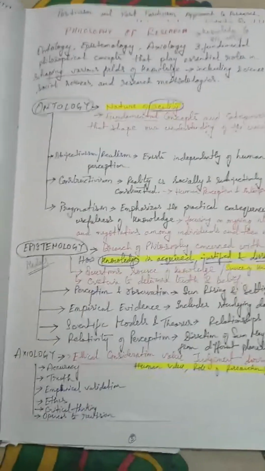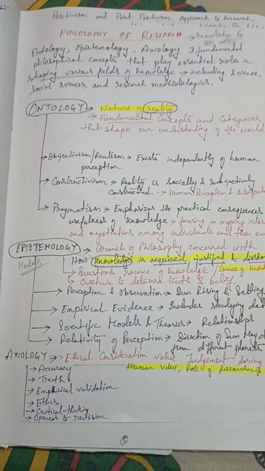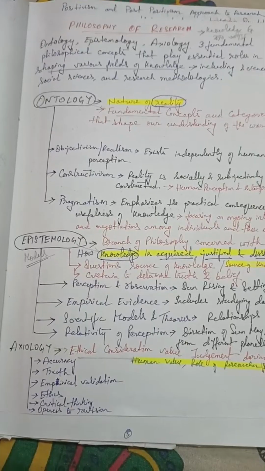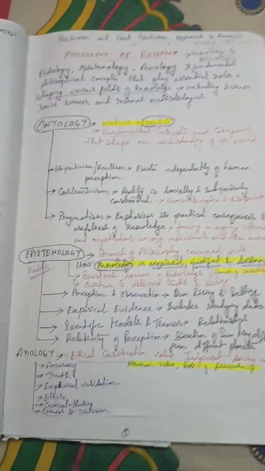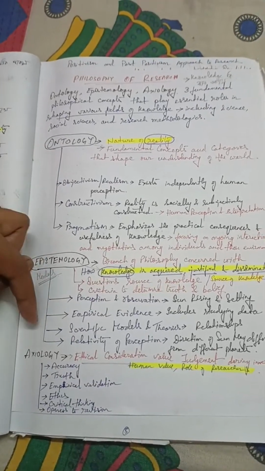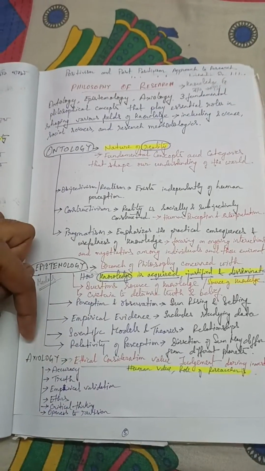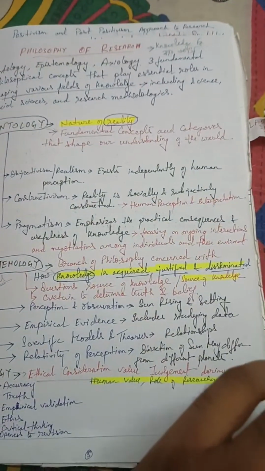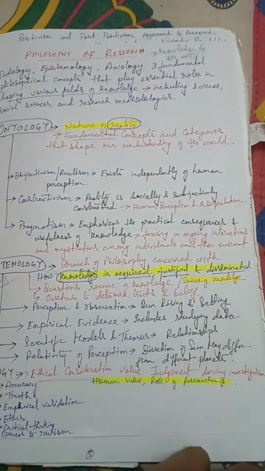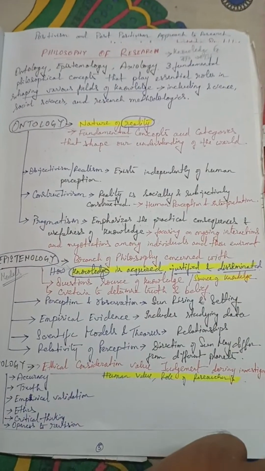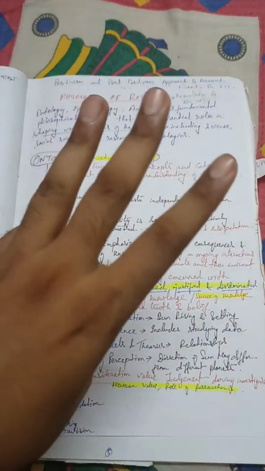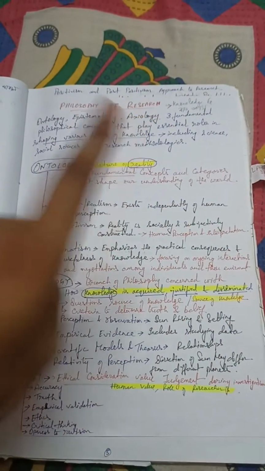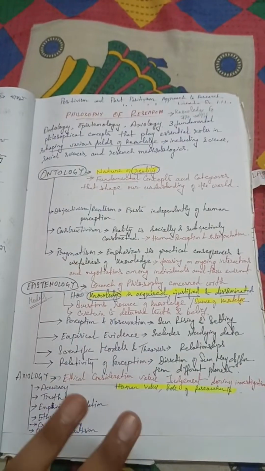Now moving forward to a new aspect, that is the philosophy of research. Broadly speaking, the philosophy of research can be divided into three parts, as you can see: ontology, epistemology, and axiology. Why we collect information, how we collect information, from where we gather knowledge. Knowledge can be gathered from broadly three types: ontology, epistemology, axiology.